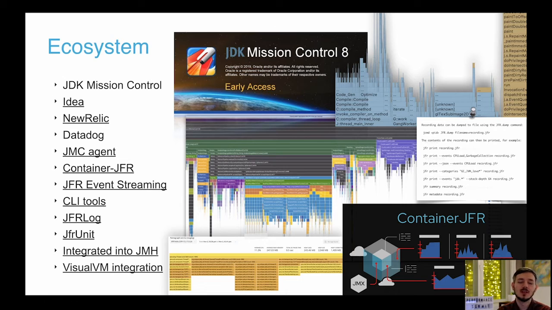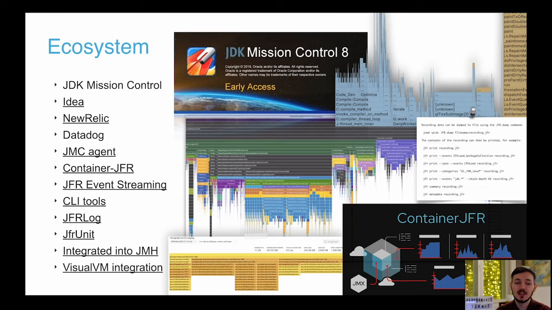Of course, there is JDK Mission Control, which is a front end for JFR and helps analyze profiles, as I already mentioned. It's also adopted by New Relic, and by Red Hat with their Container JFR project, which is a cloud native open source solution for JFR setup, similar to Datadog.